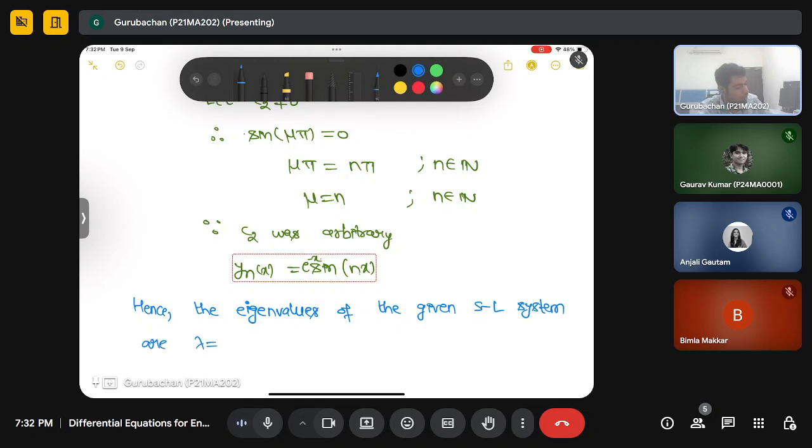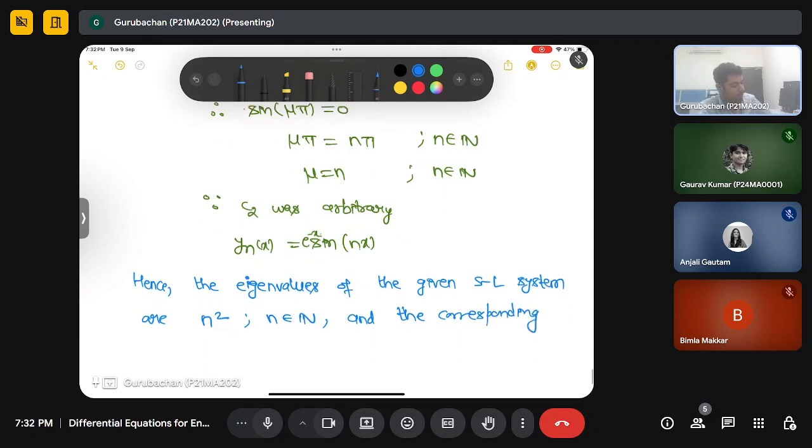are lambda equal to n, where this is mu square, so that means n square, and the corresponding eigenfunctions are e^(-x) sin mu x, that is sin nx, where n is a natural number.